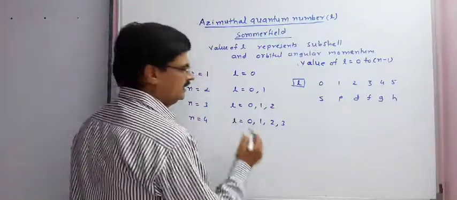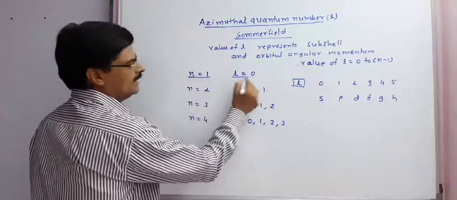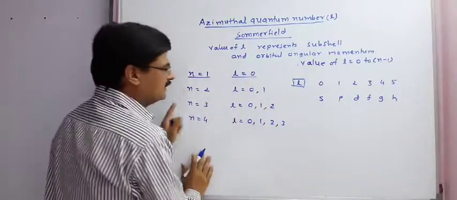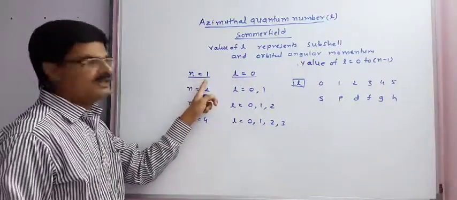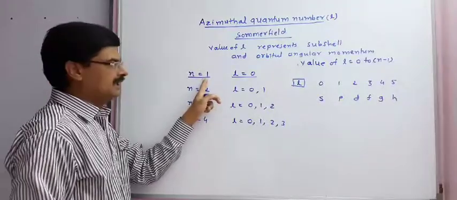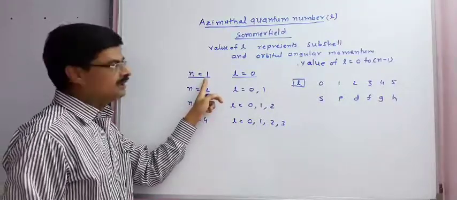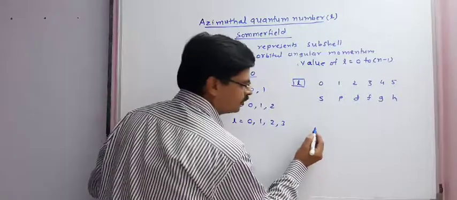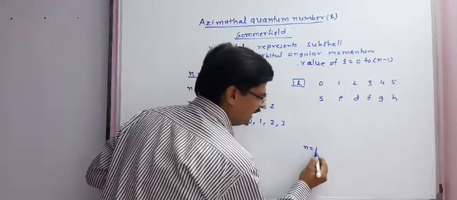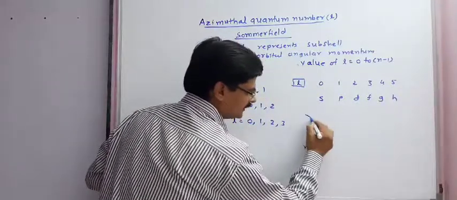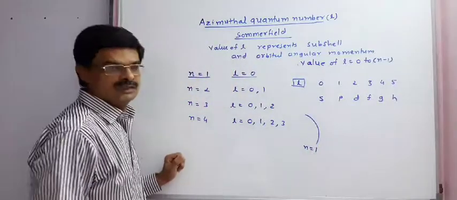Now we study that n is equal to 1, l is equal to 0. It means if the principal quantum number is 1, then the subshell is also 1.